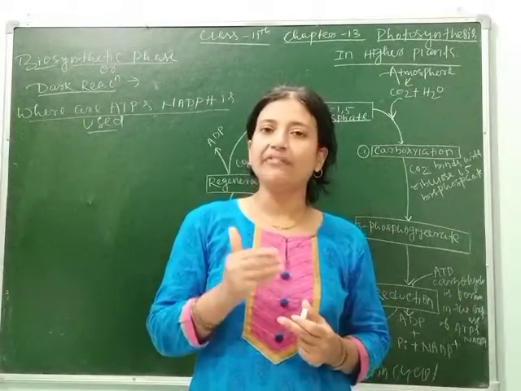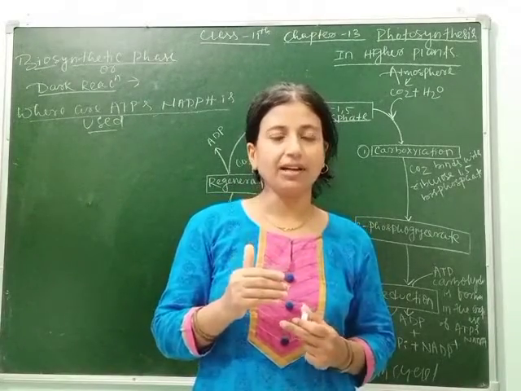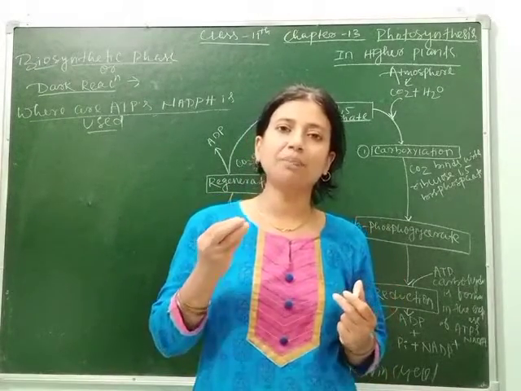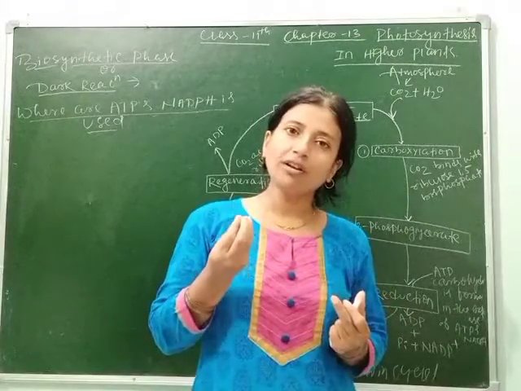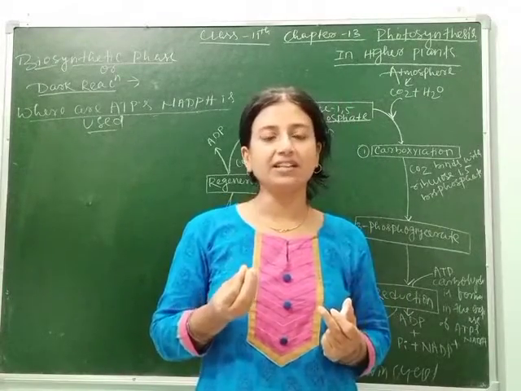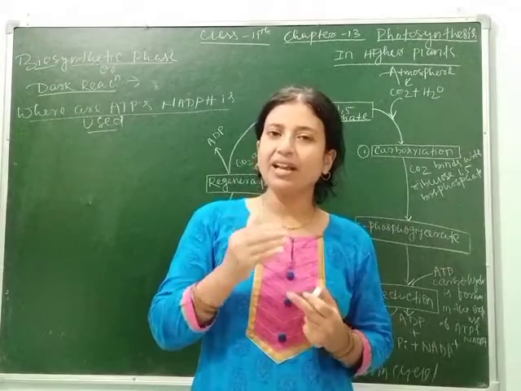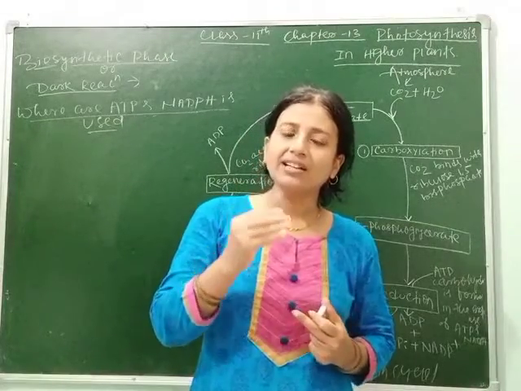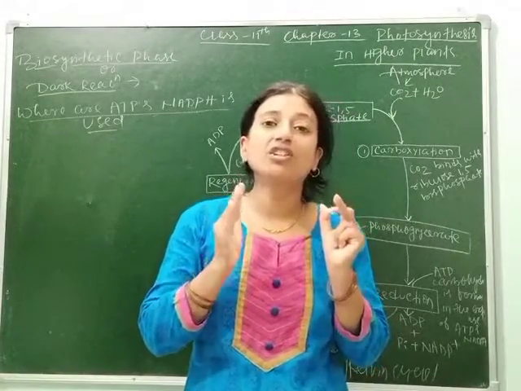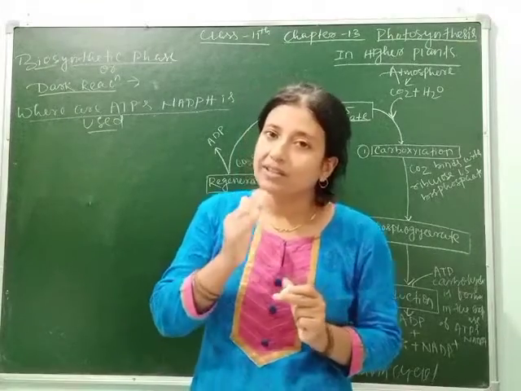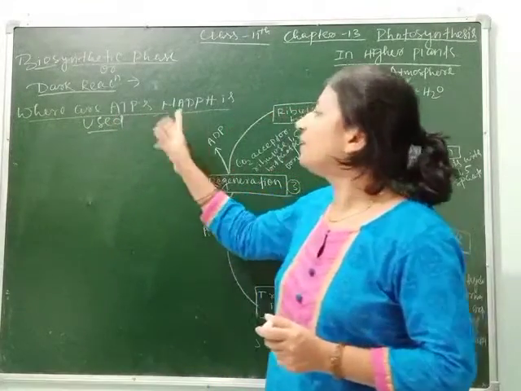As we know, the sunlight is not available all the time, and not all the leaves of the plant will get the incident light. When light is not available, photosynthesis will not stop. There ATP and NADPH is used.